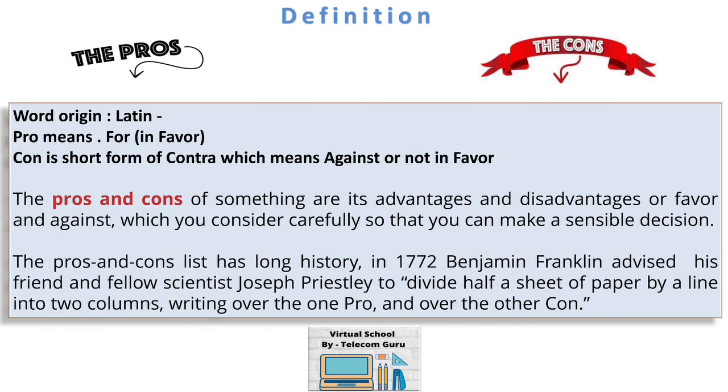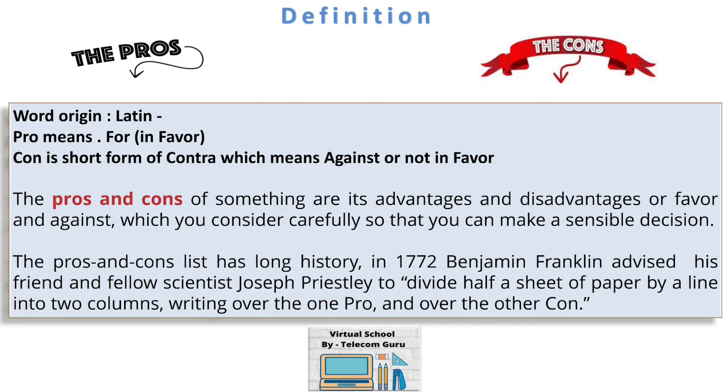The word itself has a long history of usage in the commercial field. However, it is believed that the famous American politician, scientist, philosopher and inventor Benjamin Franklin devised the concept of using a pros and cons chart by advising his friend and fellow scientist, Joseph Priestley, to use a pros and cons chart for some work he was doing on a science formula or business formula.